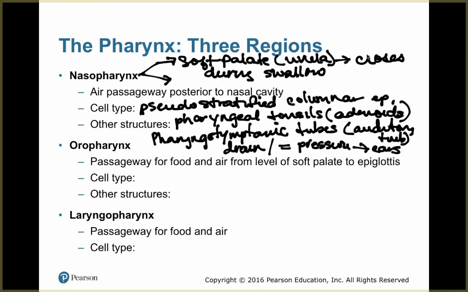The oropharynx is the passageway for food and air from the level of the soft palate to the epiglottis. In here, instead of pseudostratified epithelial tissue, we actually have stratified squamous.